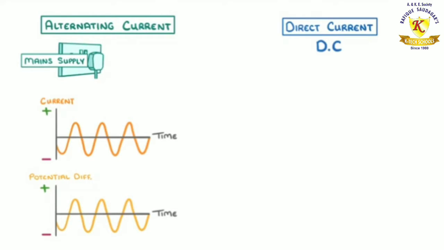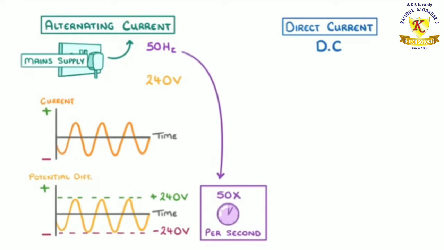Even the mains supply electricity, which is the electricity that comes from plug sockets and powers computers and so on, is AC, and specifically mains supply is 50 Hz and around 240 volts, which means that in a graph the potential difference fluctuates from positive 240 volts to negative 240 volts and back again 50 times per second.